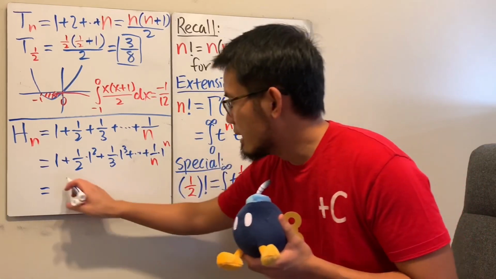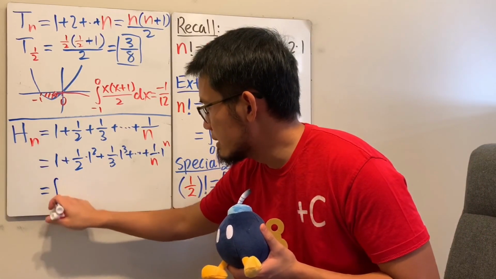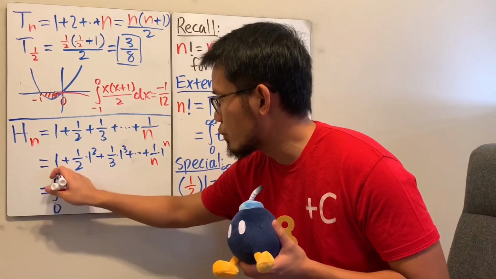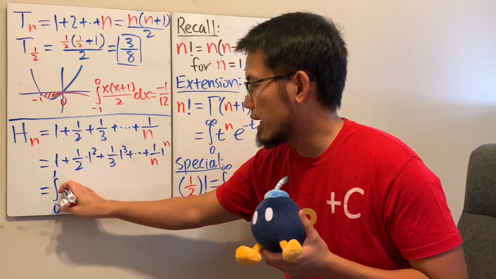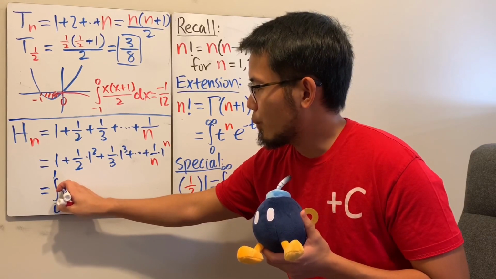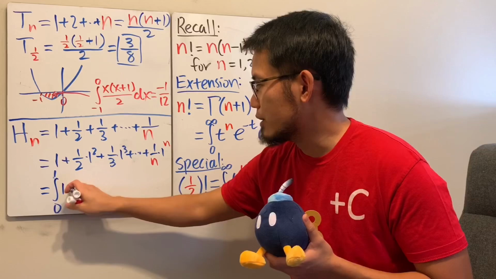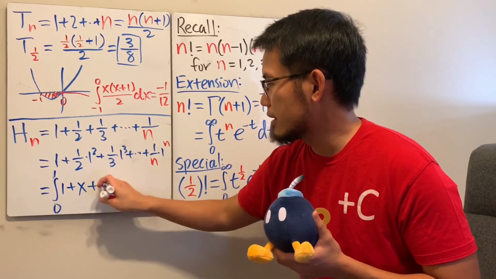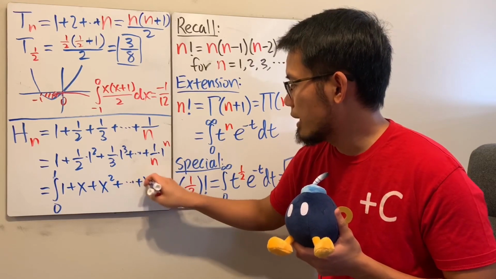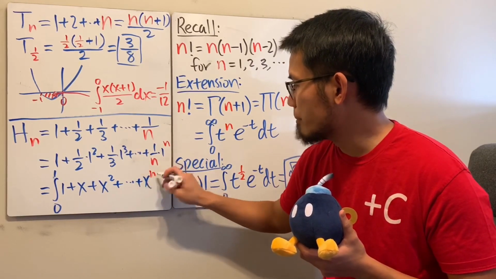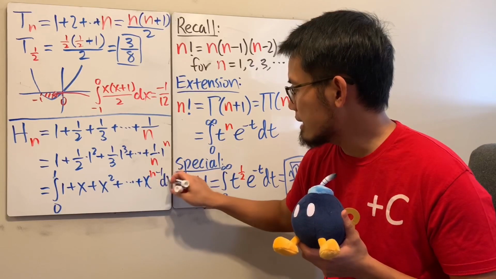If you look at this backwards, you can see that this is just the integral going from 0 to 1. And what you will do is, this right here, you can just look at that as 1. And then this right here, you can just say this is x plus x squared plus dot dot dot up to x to the n minus 1 power. And then dx that, please.